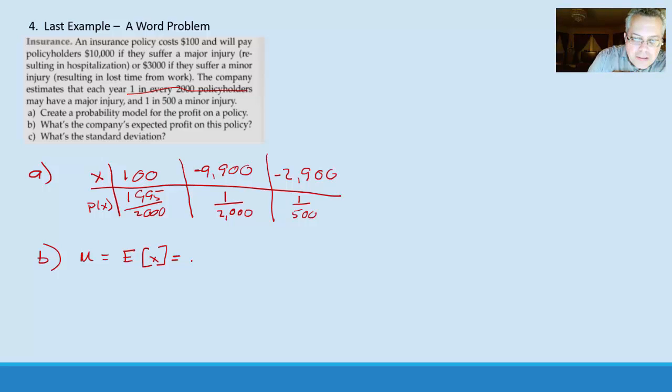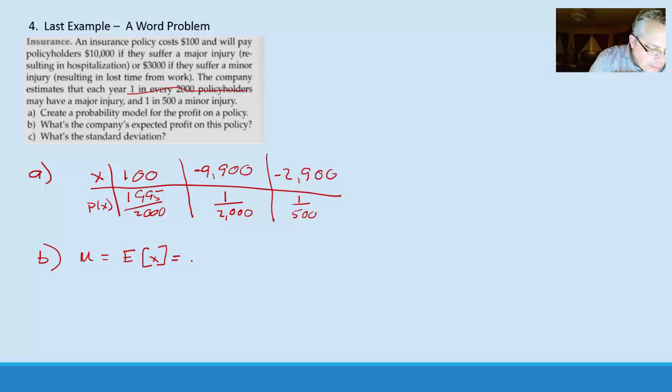Okay, actually 9,900 for the second one. Right, I got it right in the calculator here. Okay, and then the probabilities. 1995 divided by 2,000. That's about 99.75%. Most people don't have an injury. The next one, 1 divided by 2,000. And the last one, 1 divided by 500.